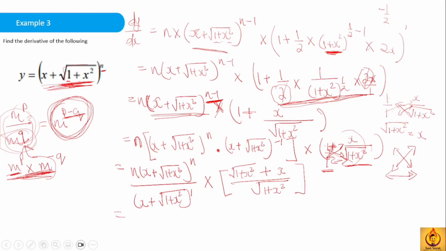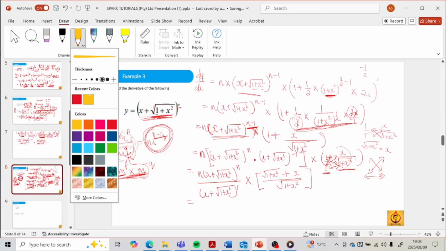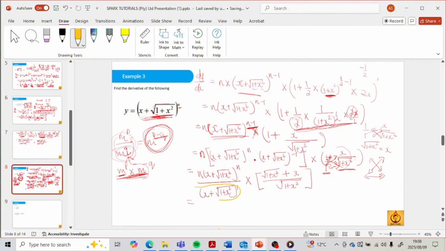Let me use a different color to show this. You have this term here, and you have this term here. These terms are the same, and there's a multiplication sign between them.